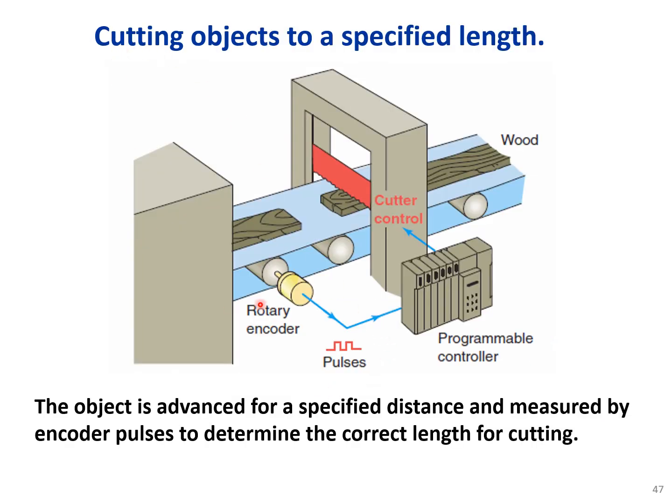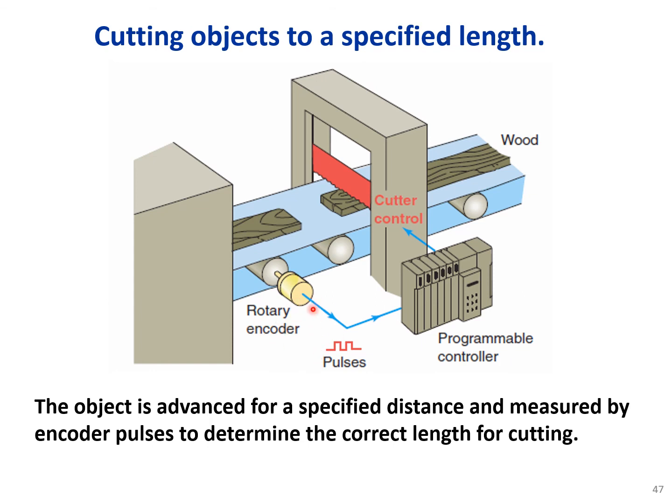Here we have one example of using encoders: cutting objects to specified lengths. Here we have the conveyor and the woods sitting on the conveyor, and the drive motor of the conveyor has an encoder, a rotary encoder, the optical encoder.